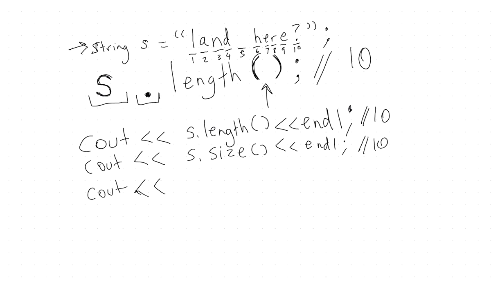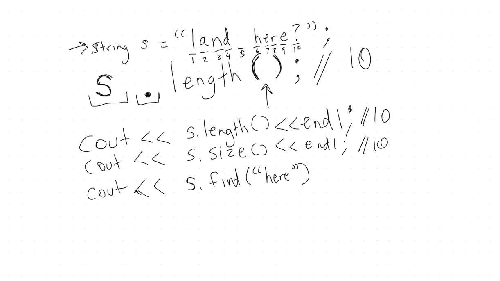So s dot find. Let's say I want to search through my string and find whether or not the word here is in there. In order to do that, I would say s dot find, and then I pass in the string that I'm looking for, on its own.